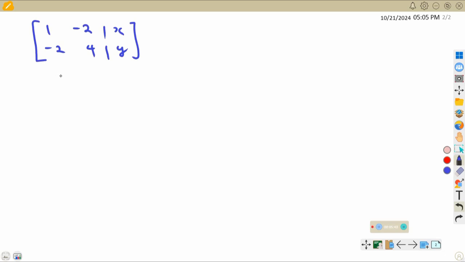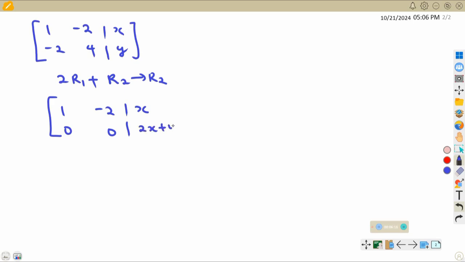So we can use the operation 2 times row 1 plus row 2 to give us row 2. If we do that, we shall get 1, -2, and x. Then 2 times 1 plus -2 will be 0. 2 times -2 is -4, plus 4 is 0. 2 times x plus y gives us 2x plus y. Clearly, you can easily see that you have 0, then 2x plus y.